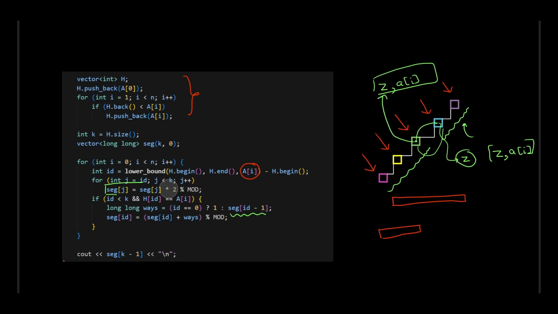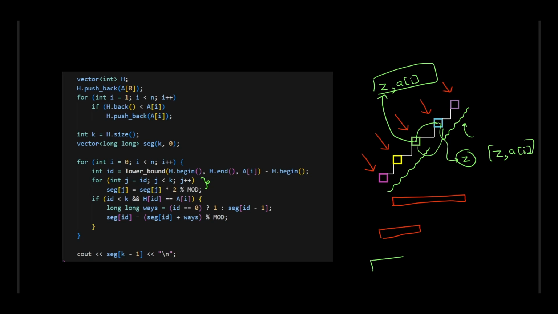Now, what is the time complexity for this dynamic programming? You will realize that the time consuming part is this: iteration over all the levels that are greater than it and then multiplying a range by 2.